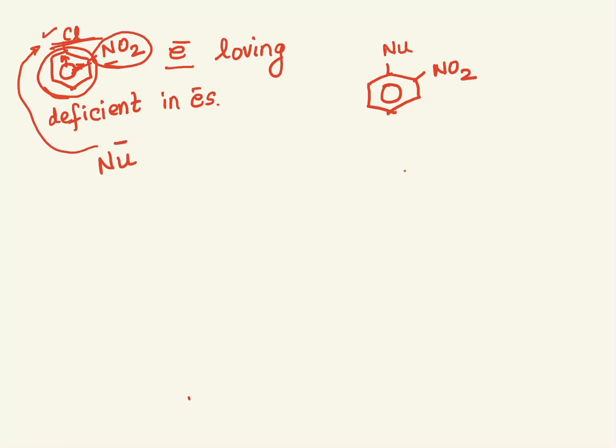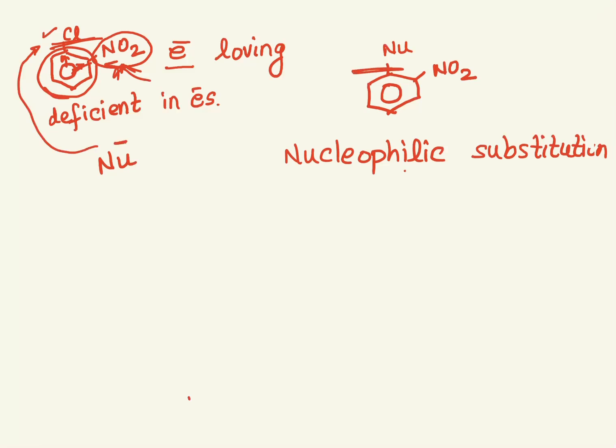But what did we say at the beginning of our lesson? We said that the nucleophilic substitution reactions are difficult. But what do you notice? Because of the presence of these electron withdrawing groups which have entered into the benzene ring, do you notice nucleophilic substitution reactions become a little bit easier?